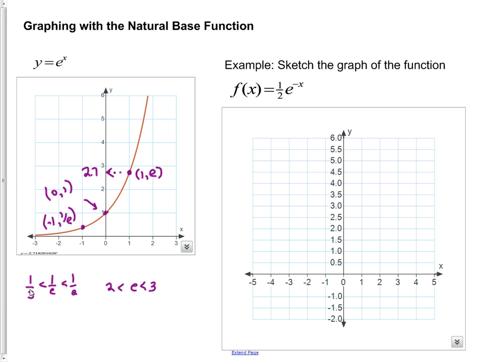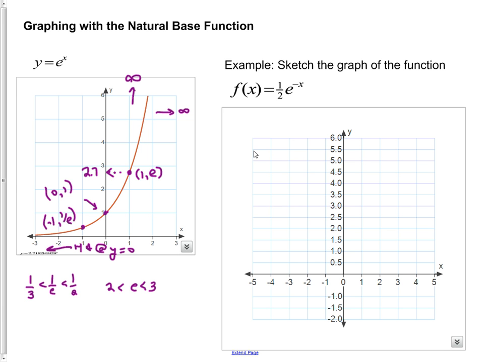So somewhere in there is our 1 over e number. Well, okay, how does that help us? We still have a horizontal asymptote to the left at y equals 0. And as x goes towards positive infinity, y goes towards positive infinity. In other words, it acts like every other exponential function would act.